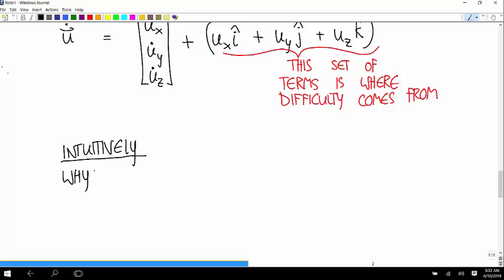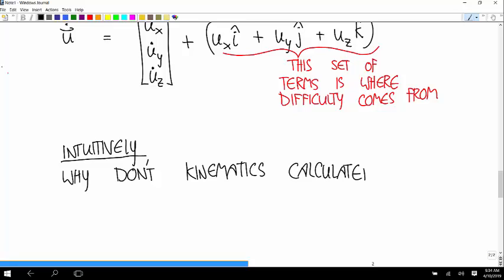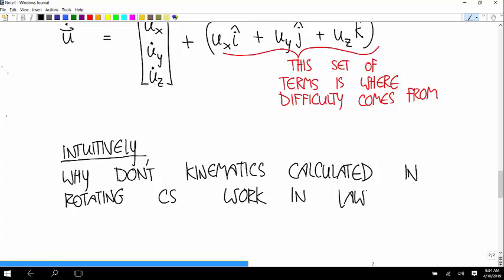So why don't kinematics calculated in a rotating coordinate system work in the laws of physics?